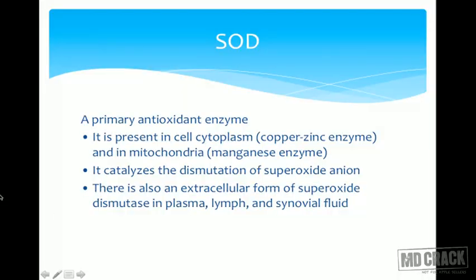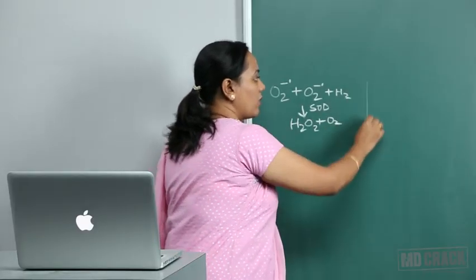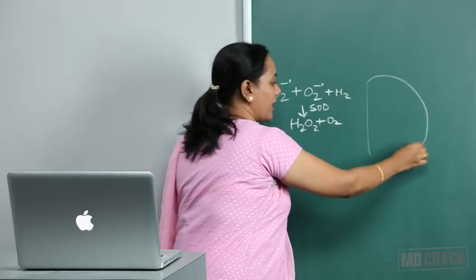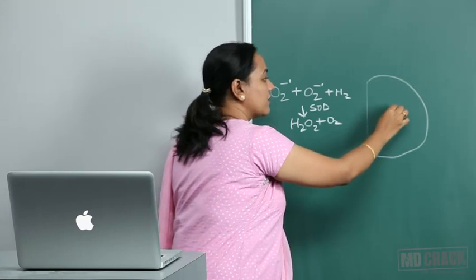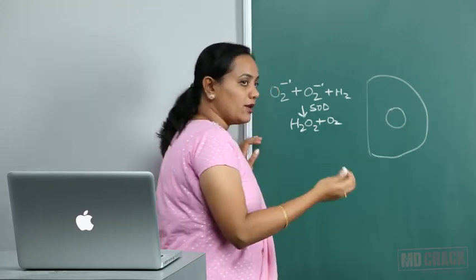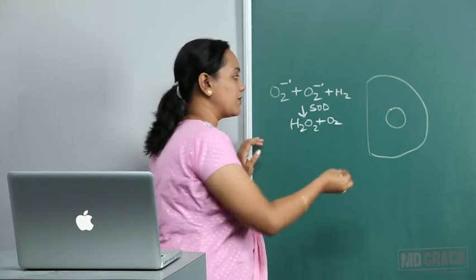So let us look at where is its distribution. It is present in the cell cytoplasm. As I have told you, the whole cell needs different antioxidants everywhere to prevent damage.